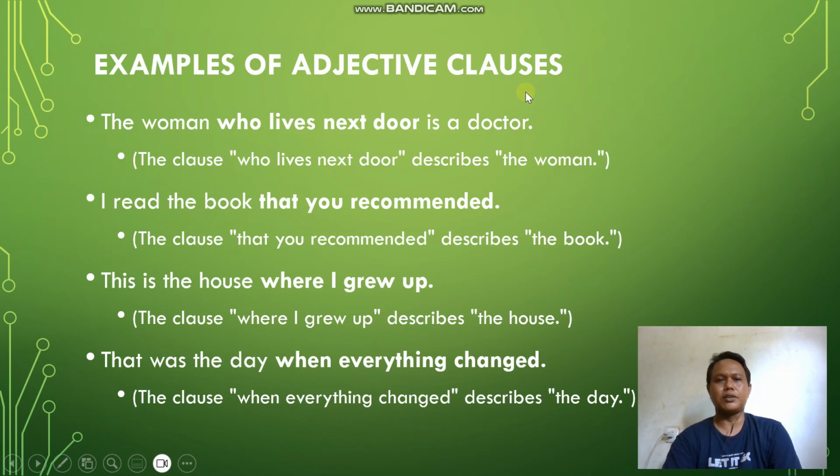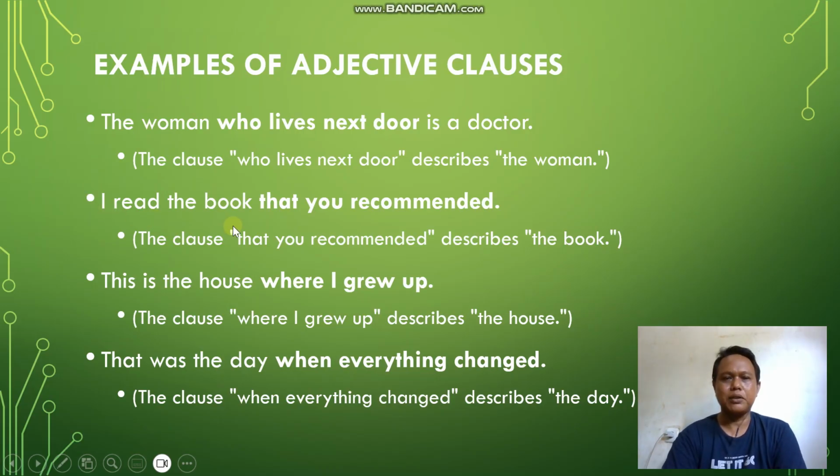Example of an adjective clause: the woman who lives next door is a doctor. "Who lives next door" explains or describes the woman. So, the clause "who lives next door" describes the woman, which is a noun.